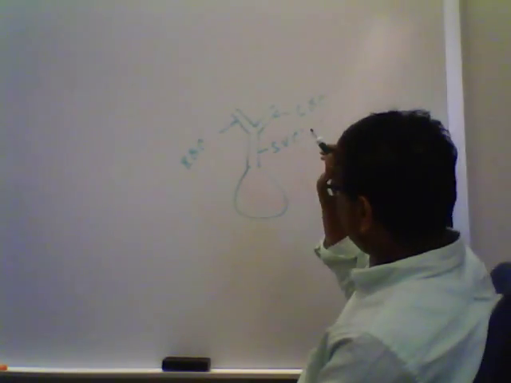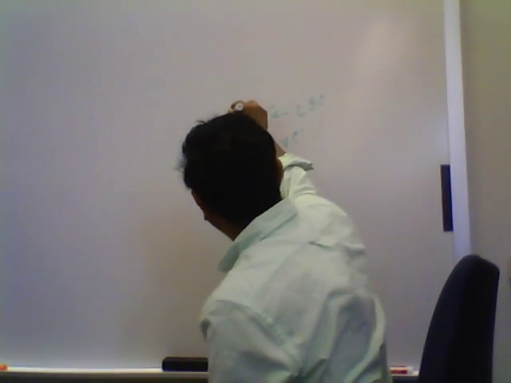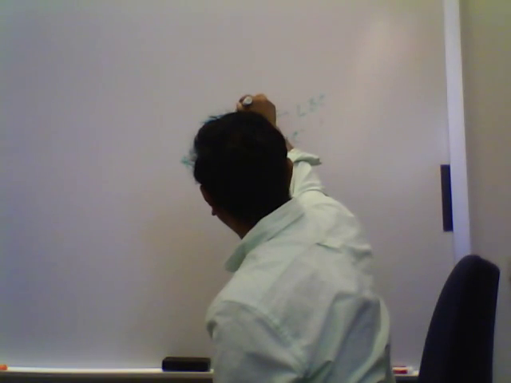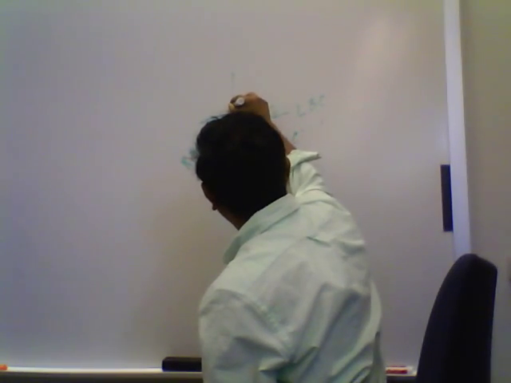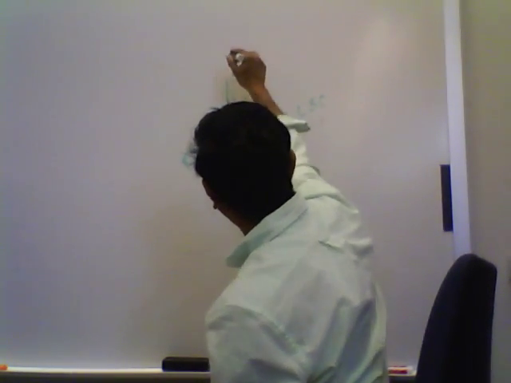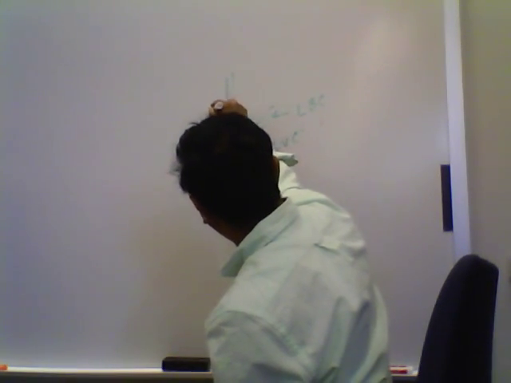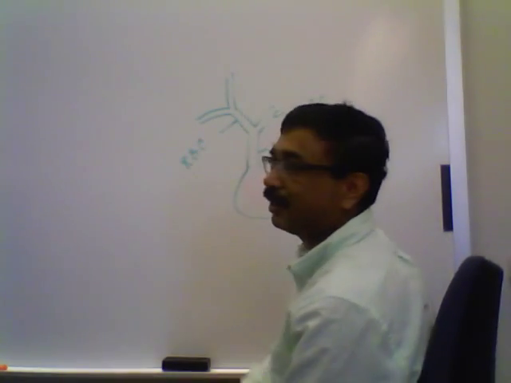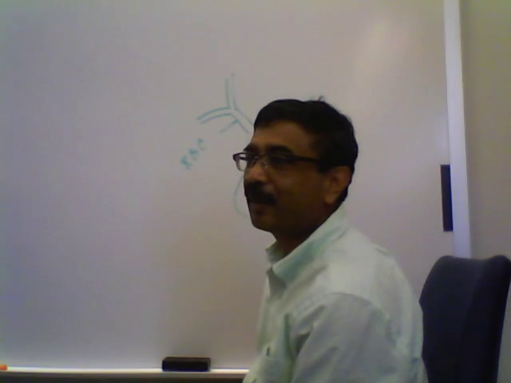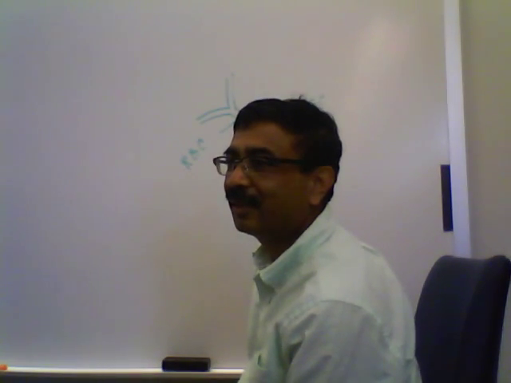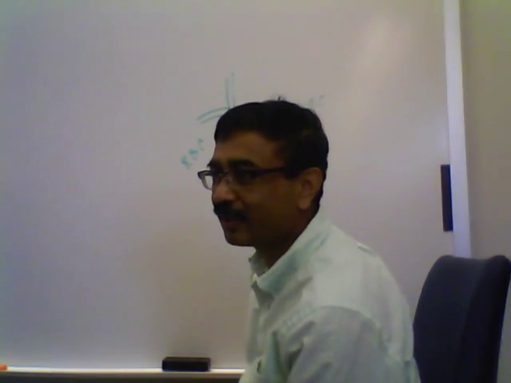Okay, then brachiocephalic vein divides into two. One is going upwards and another under the clavicle. So which one is subclavian? Under the clavicle, right? That's the subclavian.